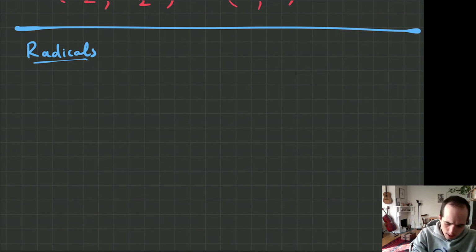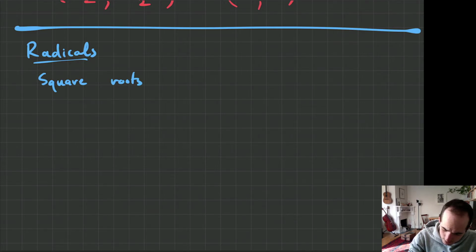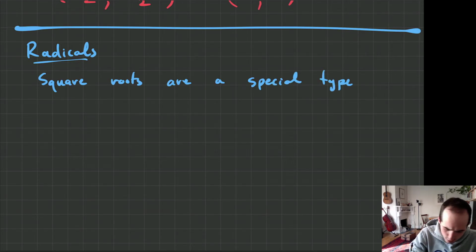Okay, I'm gonna tell you about radicals. In particular, square roots. So square roots are a special type of radical.